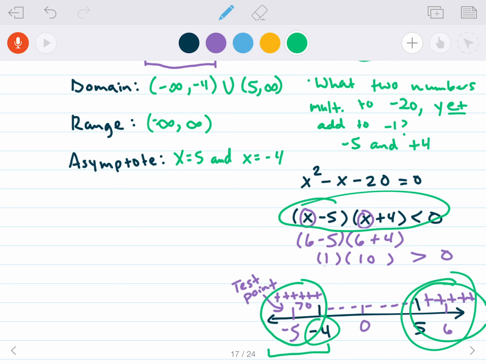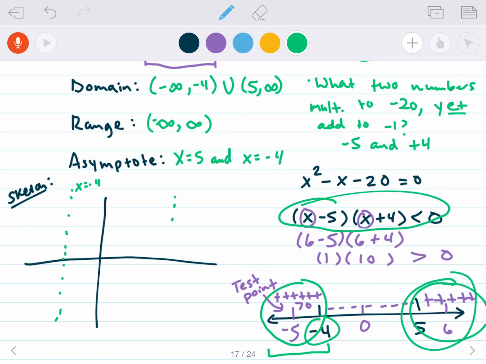And what's the graph going to look like? I'm just going to do a very rough sketch of what the graph would look like. If you put it in Desmos, you can see a better picture. But okay, so here we have our asymptote, x equals -4. We have another one over here at x equals 5.